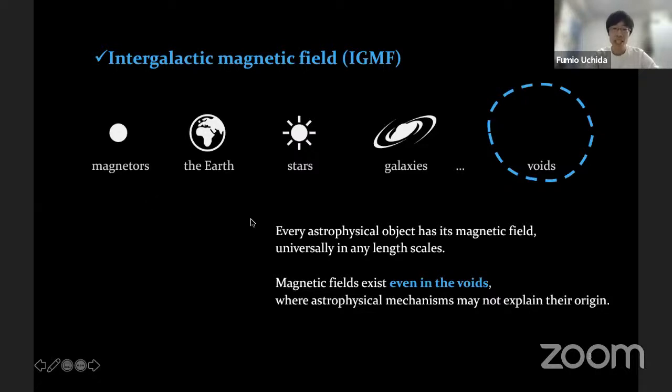Every object has its magnetic field at scales from 10 kilometers for magnetars to 10 kiloparsec for galaxies, and even larger scales for galaxy clusters and so on. And what is interesting on top of this is magnetic fields, the so-called IGMF, exist even in voids where astrophysical objects are located very sparsely.